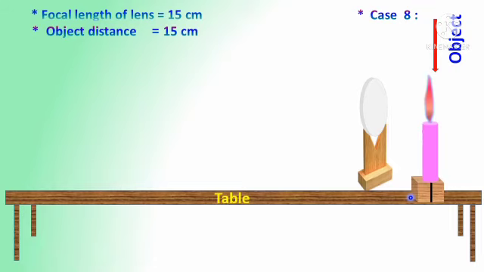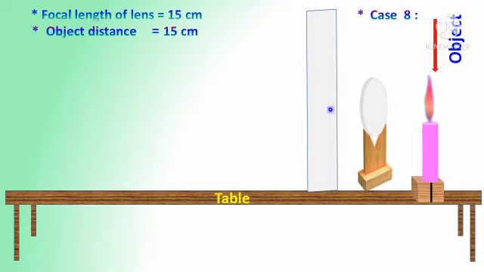Let us see the distance between the lens and the screen. Is it very far or near? See here, very near. Then the lens to image distance.